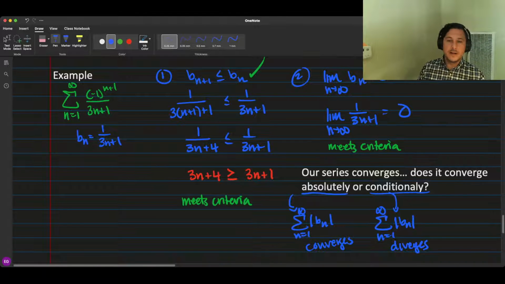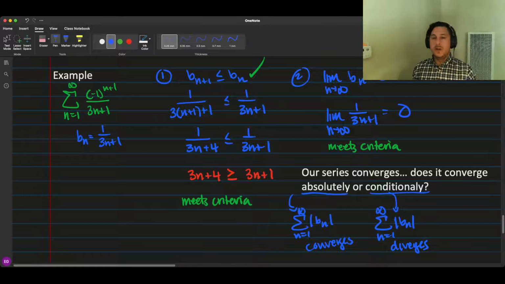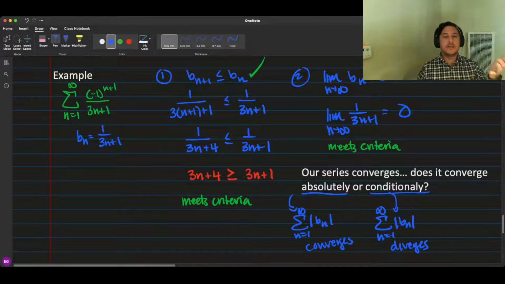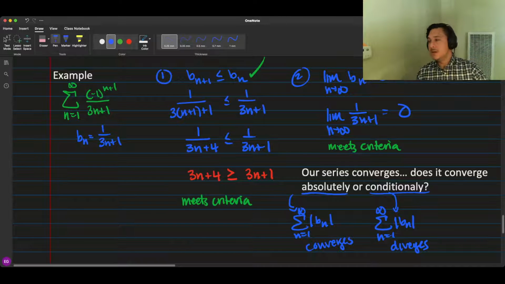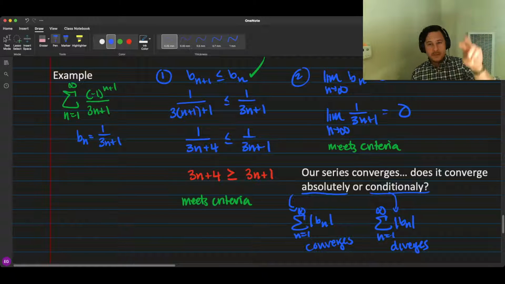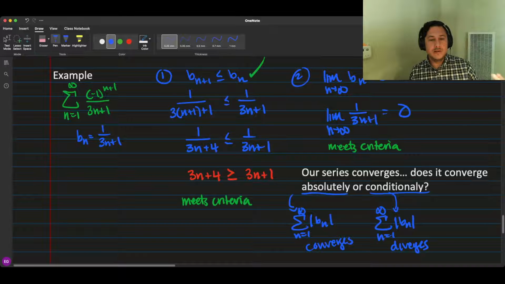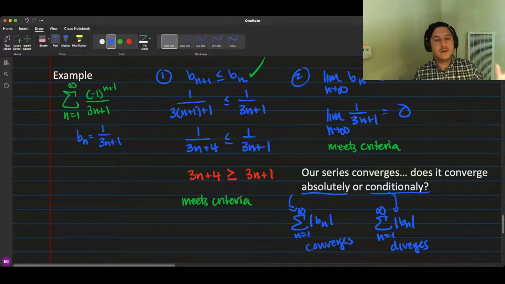So now we need to figure that out. Because we know it converges, the question is whether it converges absolutely or just conditionally. It will converge conditionally if, when you take the absolute value of it, it diverges. It will converge absolutely if, when you take the absolute value, it still converges.